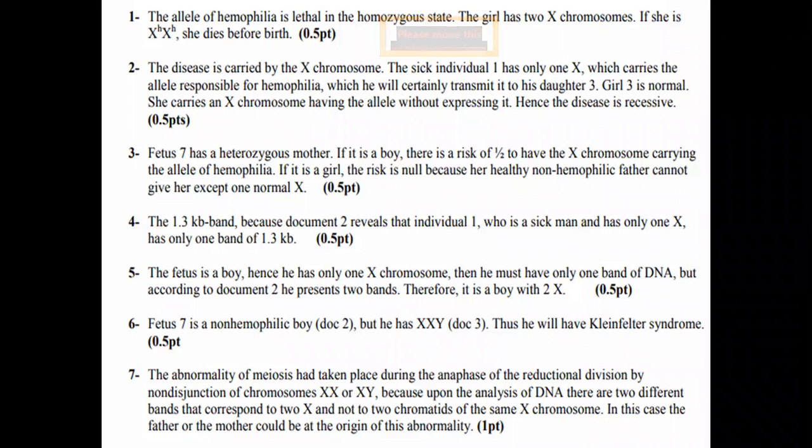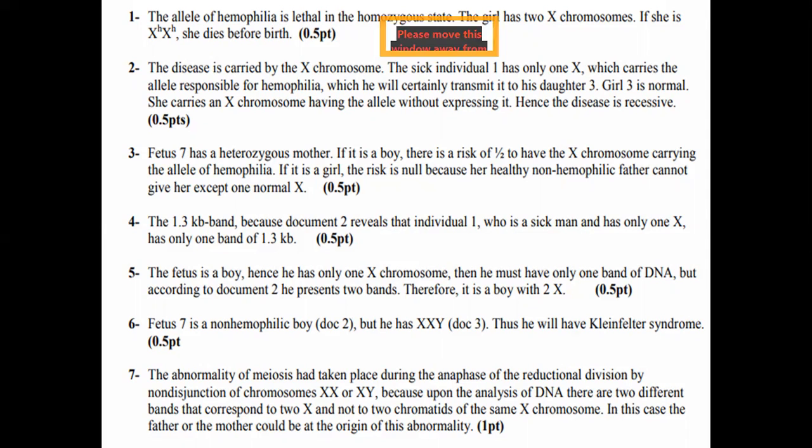The band that corresponds to the defective allele of the hemophilia is the 1.3 kb band, because individual one, who is sick, has only one X, so it's only this band, so it's 1.3. The fetus is a boy, as we said in part 5, but he has only one X chromosome. Then he has only one band, according to this DNA analysis.